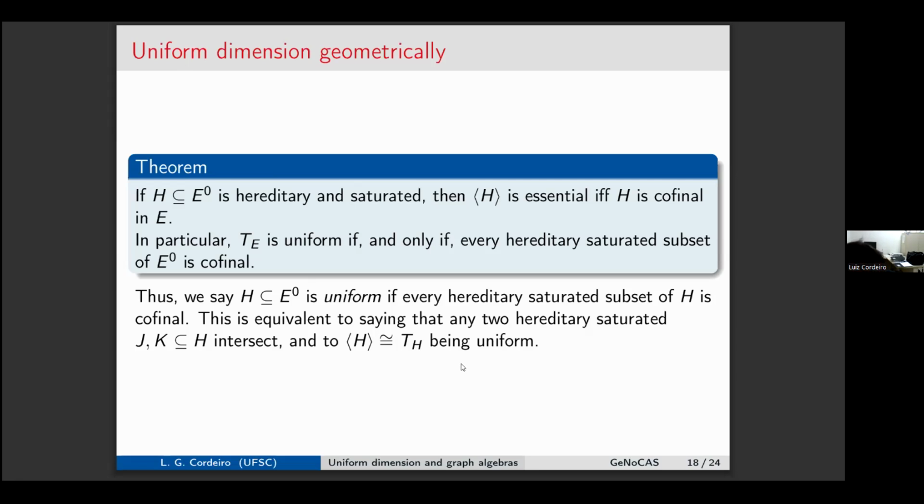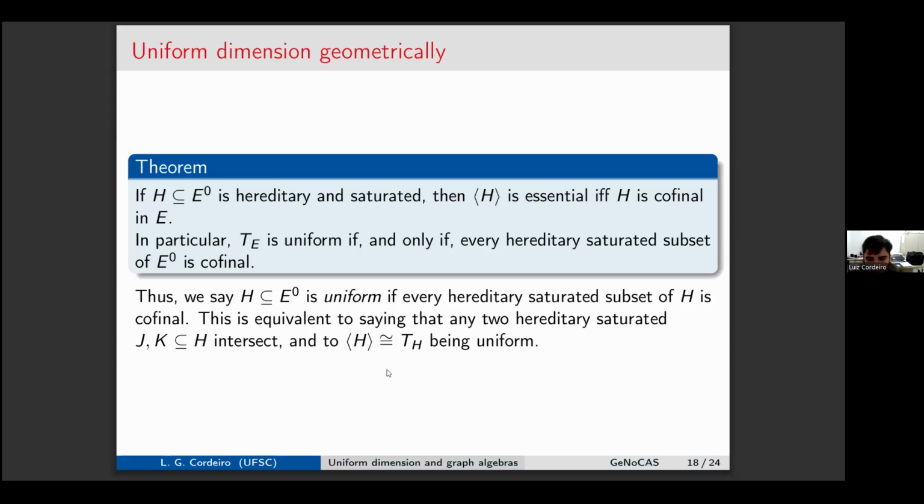Yes, TH is actually T of the graph constructed as follows. Take the vertex set as being H, and the edges of this graph are the edges of E which connect vertices of H. Okay.